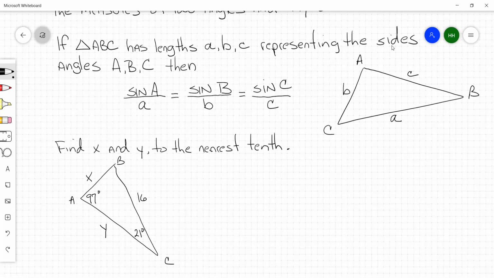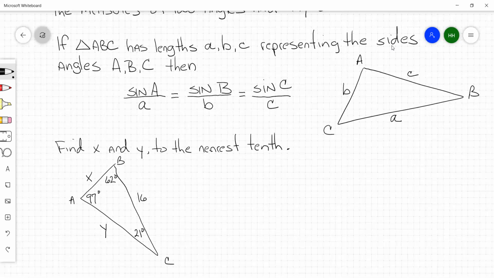All right, so angle B is 62 degrees. Then you want to pick an angle where you know the side length across from it. So that's angle A here because the side opposite of A is 16.